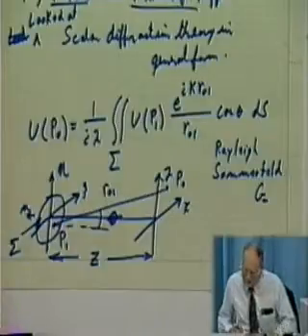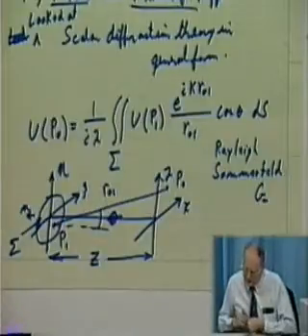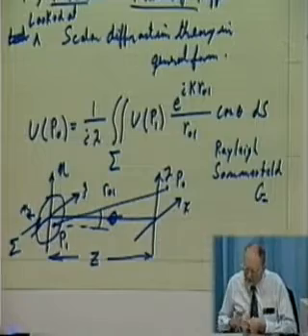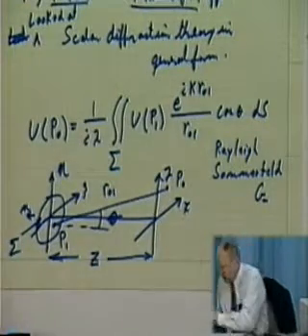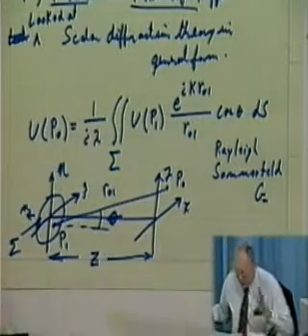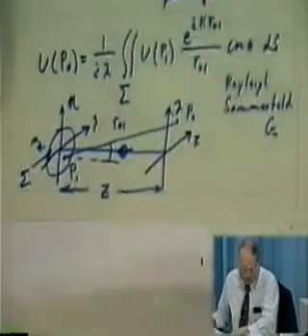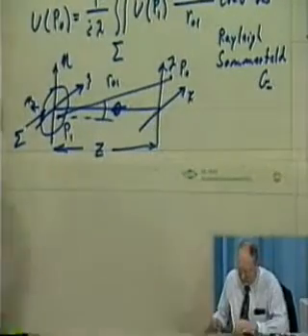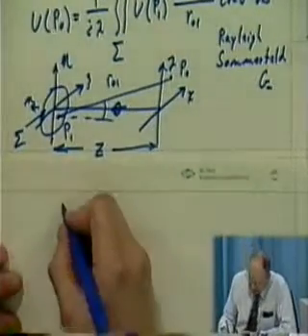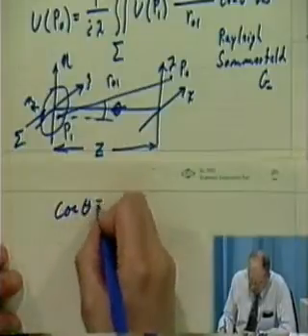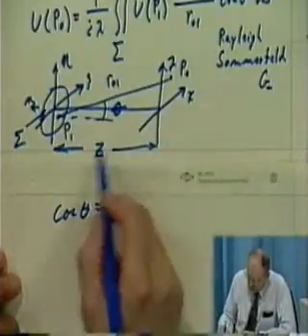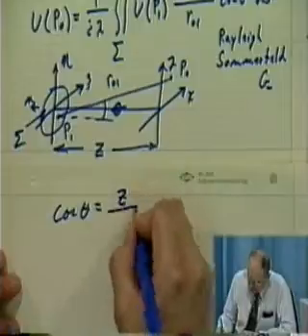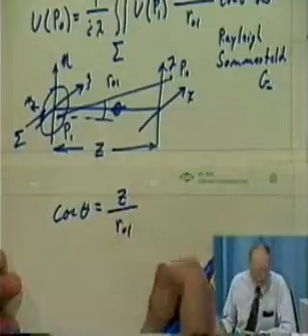Often this cosine of theta we pick to be 1. But we could write down here, in this case, that cosine theta is z over R01.